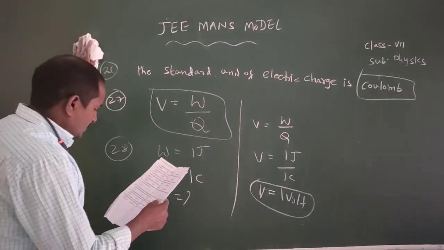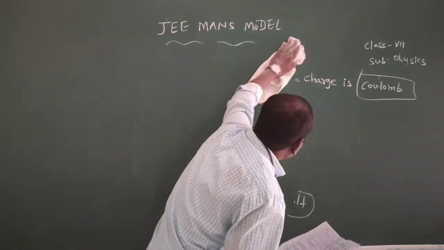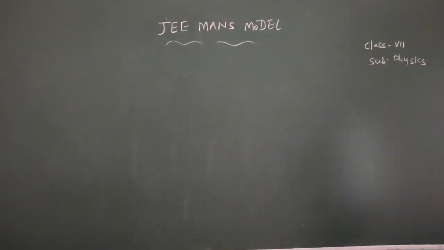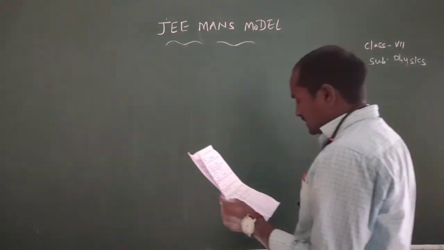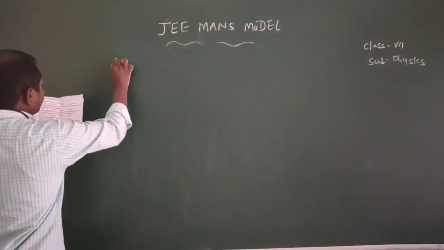Next, question number 29. The potential difference between the 2 points is 20 volt. The charge is 10 coulomb.